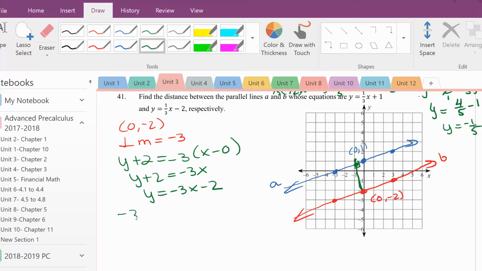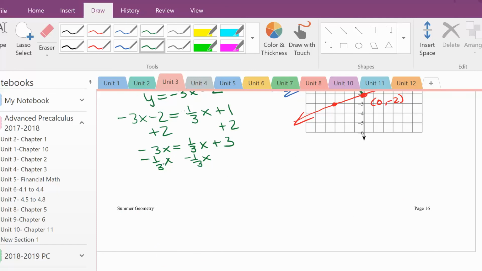So -3x minus 2 is equal to 1/3 x plus 1. So we add 2. So we get -3x equals 1/3 x plus 3. We subtract 1/3 x. -3 minus 1/3.